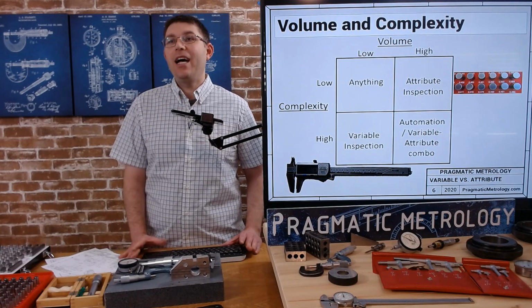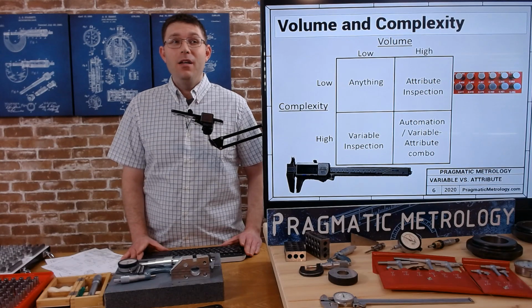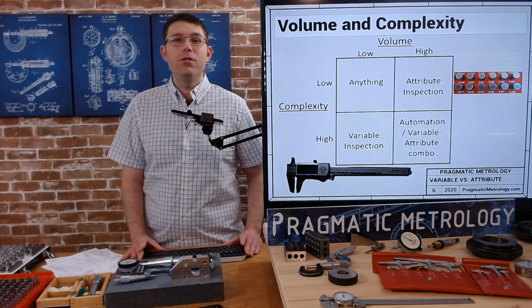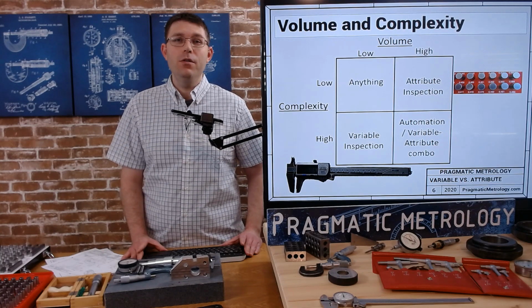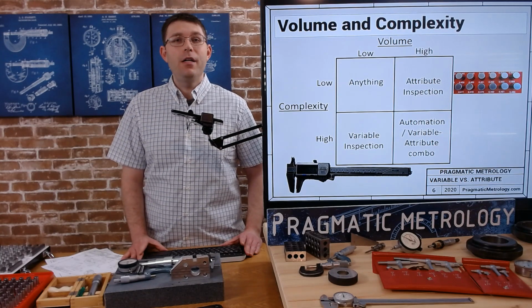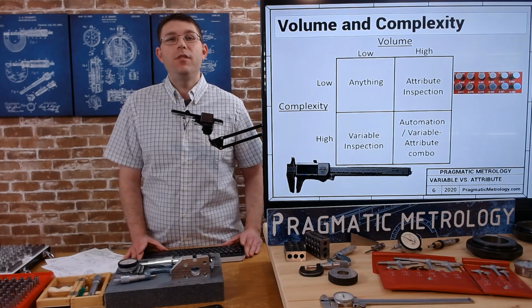And then when you get to high volume and high complexity, think about a car manufacturer doing engine blocks. They crank out thousands of those engine blocks, very complex geometries. That might be time for some sort of automation, CMM.